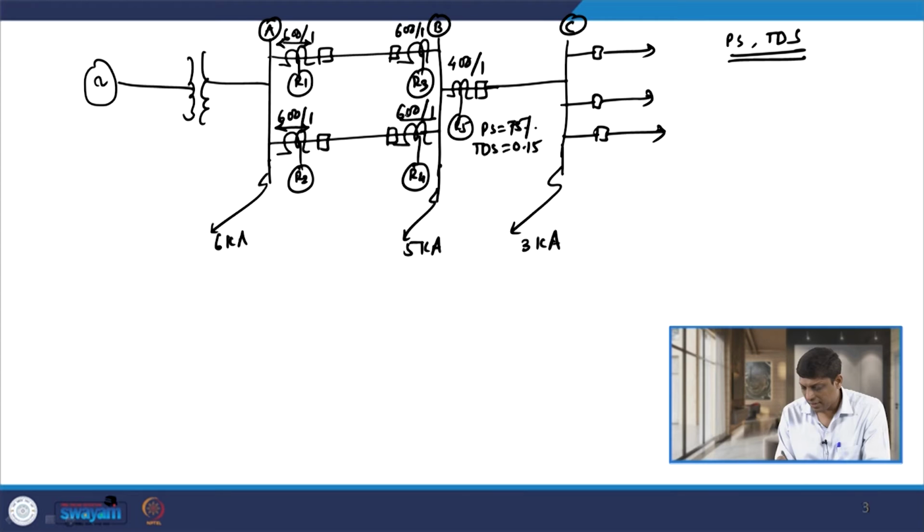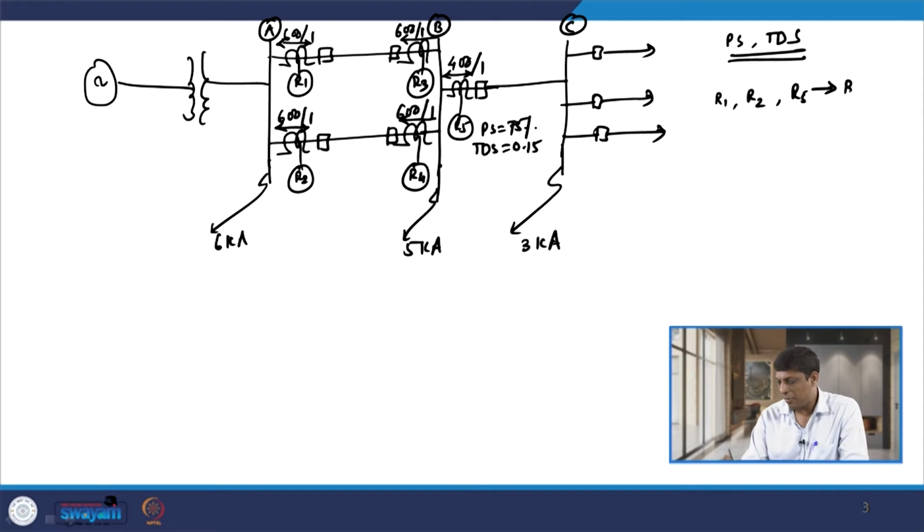So, I indicate with this arrow, the arrow that is away from the bus B. R3 and R4 both are directional, and relay R5 is again a bidirectional relay, so I indicate it by a double arrow. So, now we have relay R1, relay R2 and relay R5, these 3 relays are bidirectional, and relay R3 and relay R4, these 2 are directional relays.